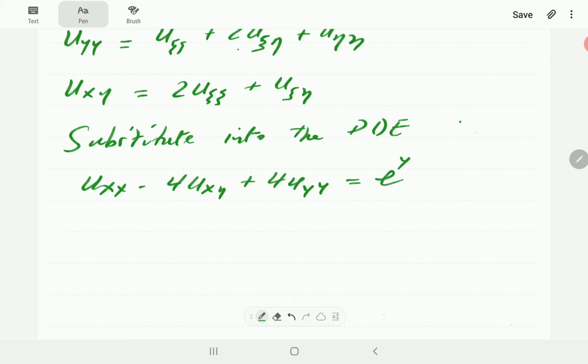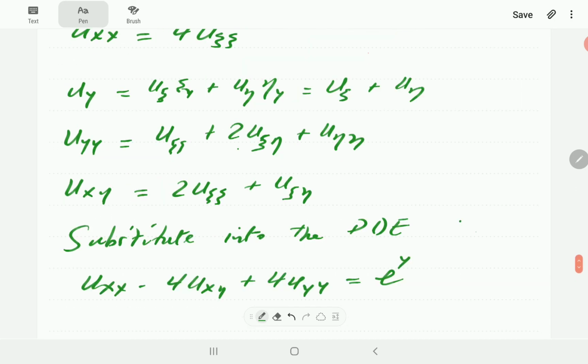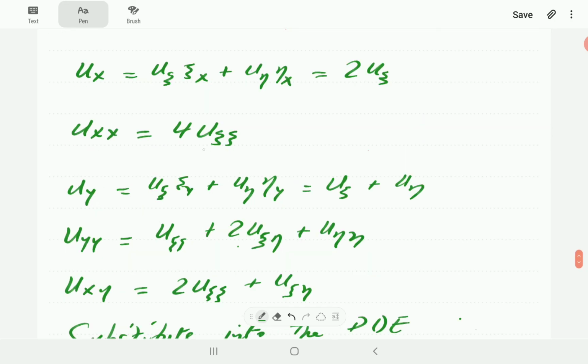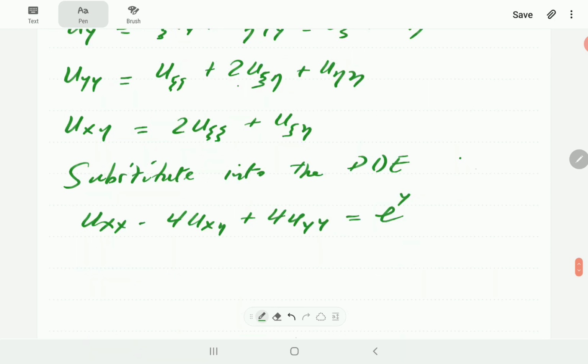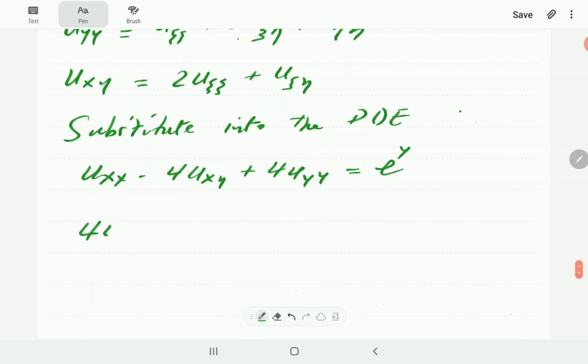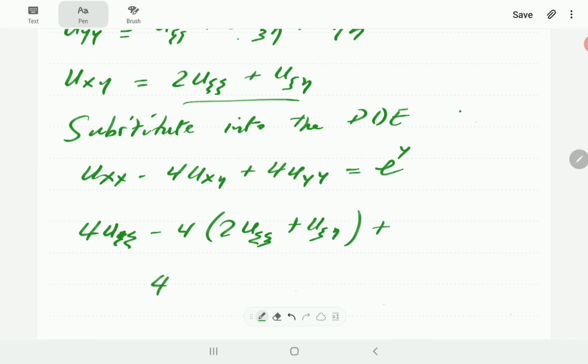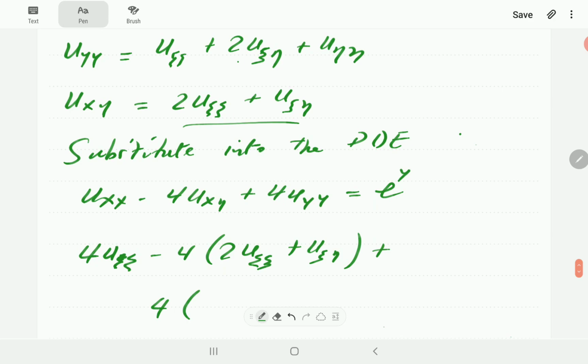Okay, uxx here is 4u xi xi, and then the mixed derivative is here 2u xi xi, and the y derivative is there.